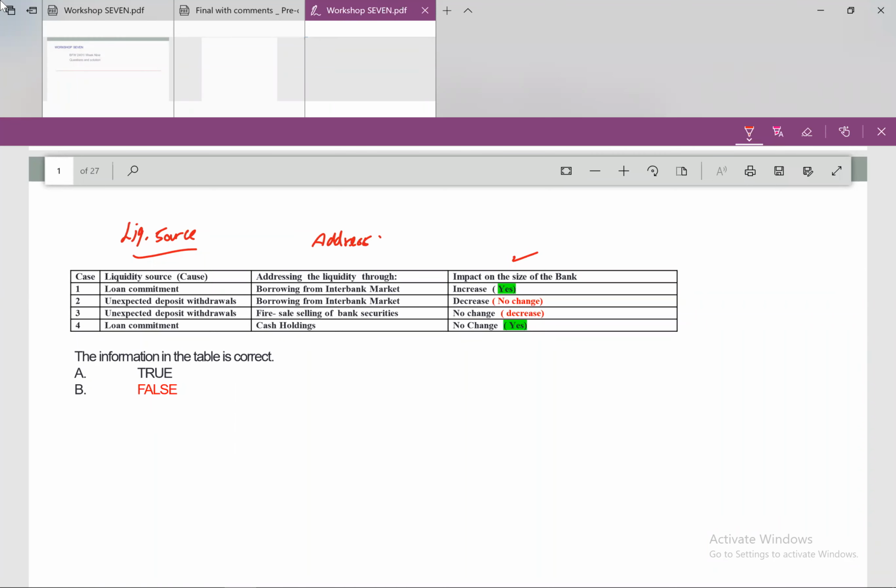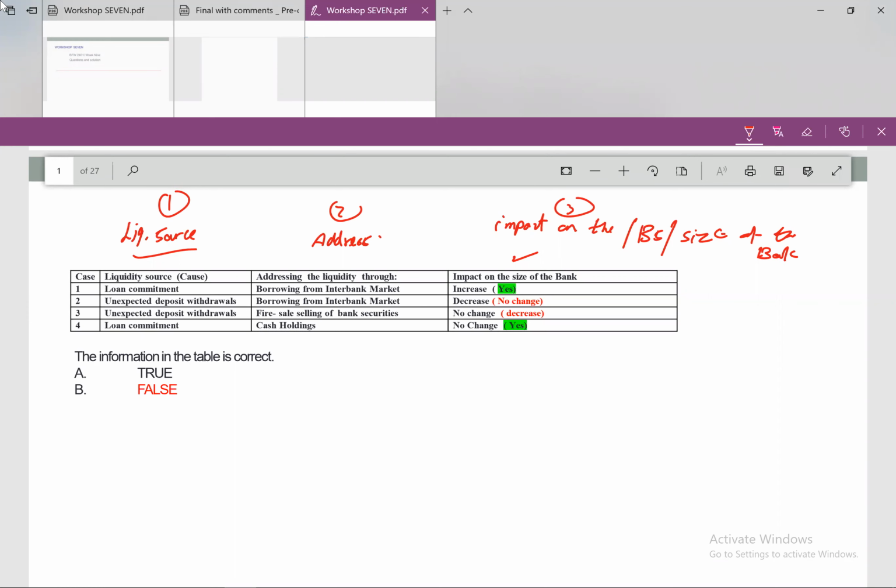And this is what we expect to impact on the balance sheet or the size of the bank. Which is this column. This is column 1, this is column 2, and this is column 3.